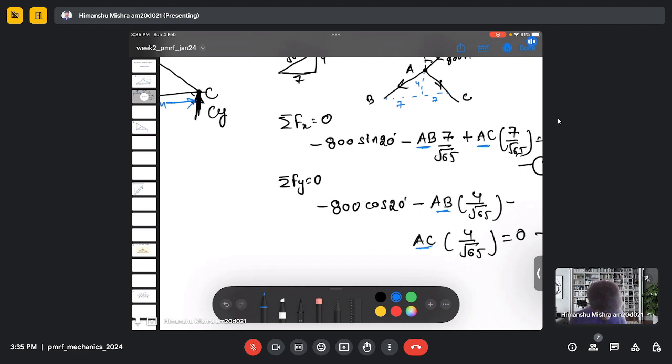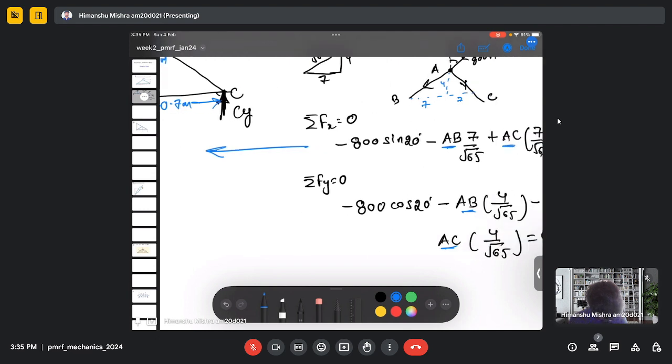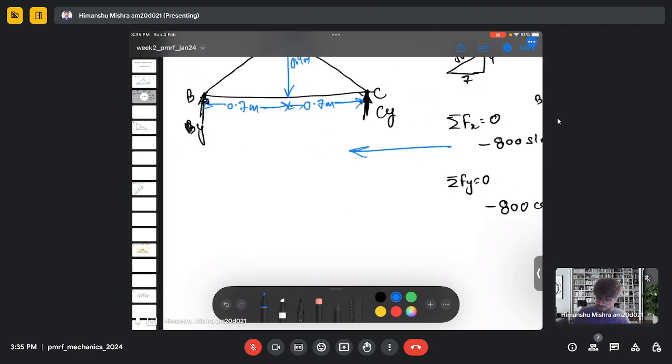So let me simplify these equations and calculate.